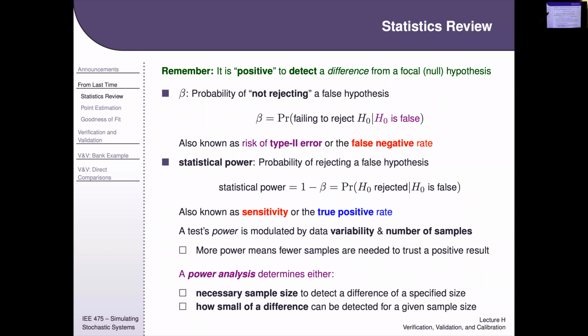So you could call up here, so you can think of a negative as failing to reject the null. We'll call that a negative result. So you can call this a false negative rate. And the statistical power, another term for that is the true positive rate or sensitivity.